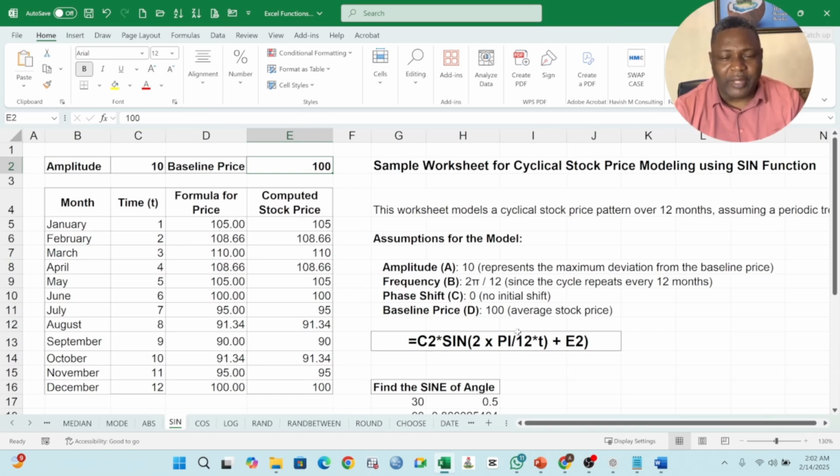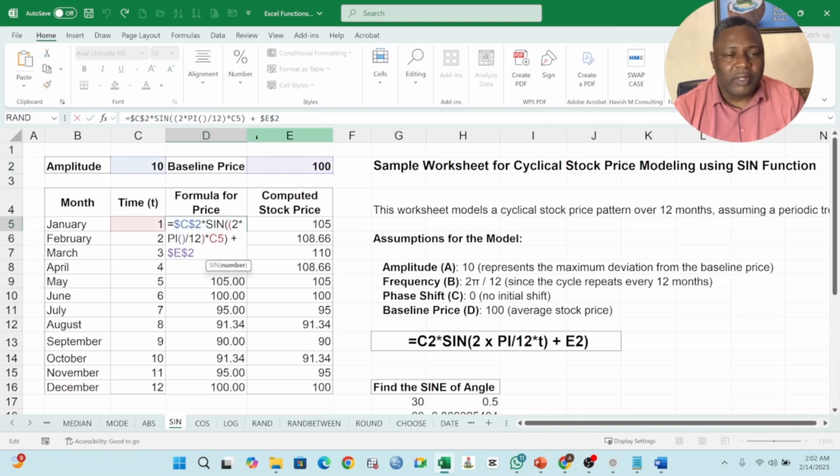And so what we have here is the amplitude multiplied by sine, open bracket, 2 multiplied by pi of that angle, and then divided by 12 times time, plus the baseline. And so we have this formula.